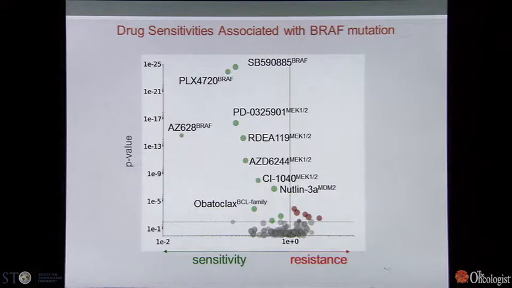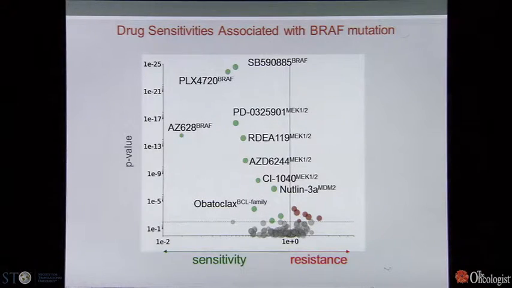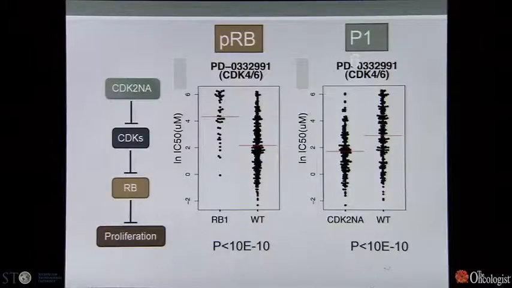And what you get is what you want out of that kind of approach, which is that BRAF mutation is strongly correlated with response to inhibitors of the RAF-MAP kinase pathway. So we can see a number of interesting biology like that that we can capture very well with the screen.